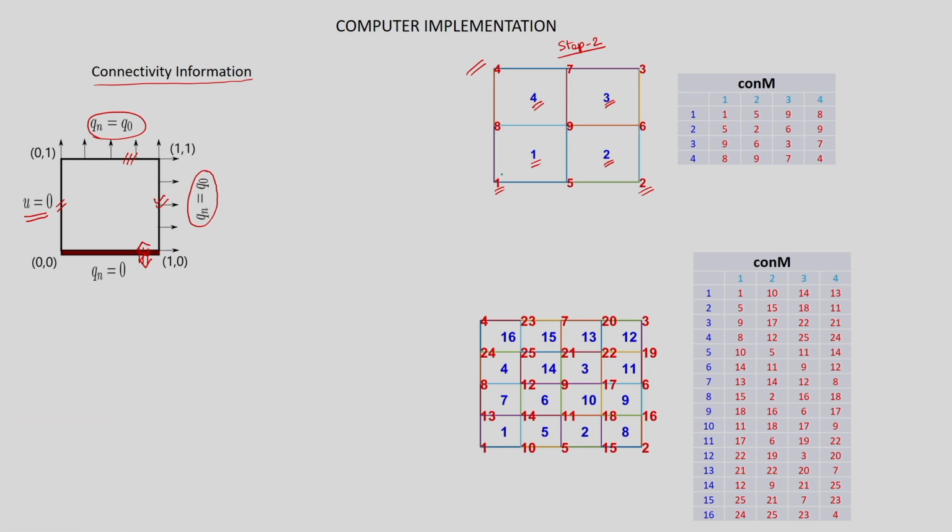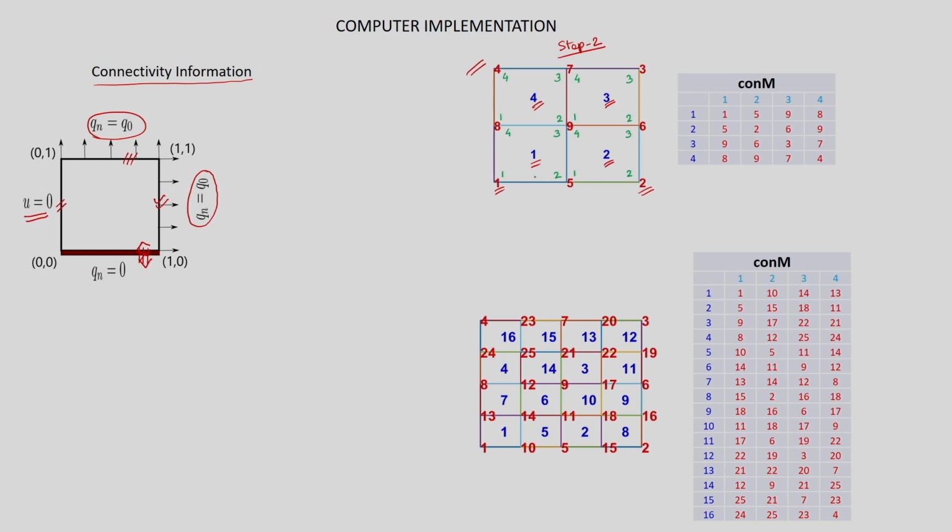For each element I will define the local numbers as 1, 2, 3, 4. So, for each of the elements we have defined the local numbers.